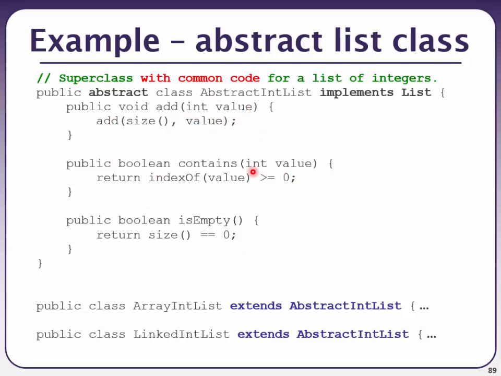To test if a value is in my list, I do this. And to test if the list is empty, I assume that I have a method size and I test it. Okay, then I can have a class ArrayIntList and a class LinkedIntList that both extend our AbstractIntList. So they inherit not only the method headers, but also the implementations that are here, okay?